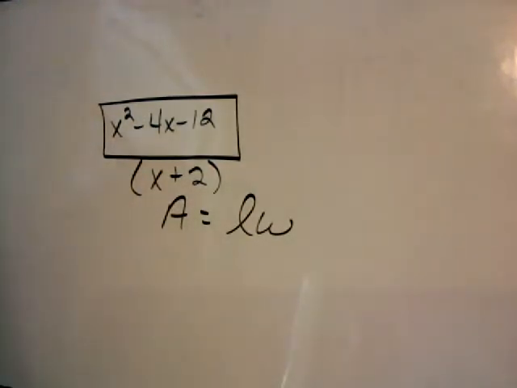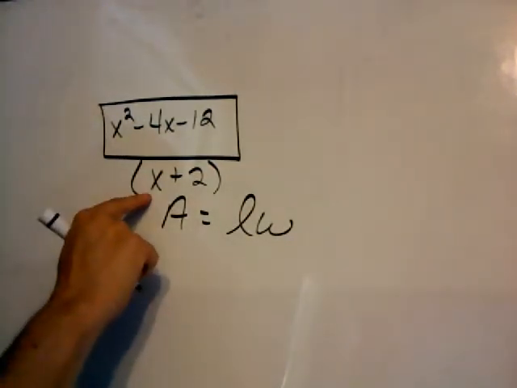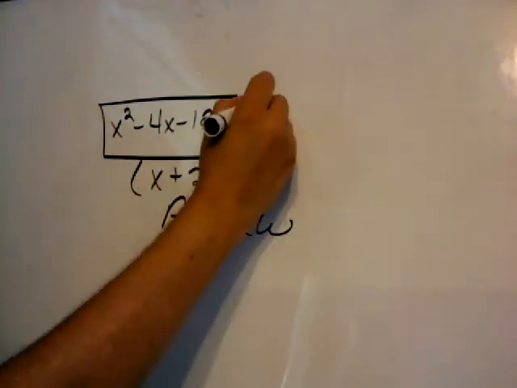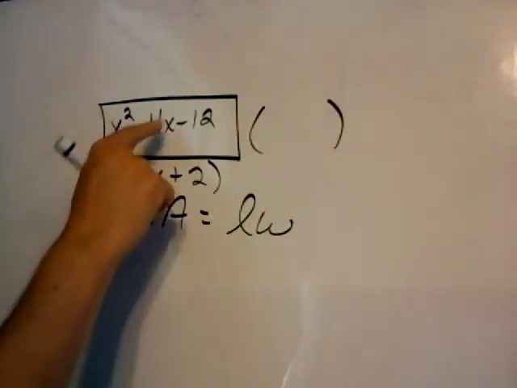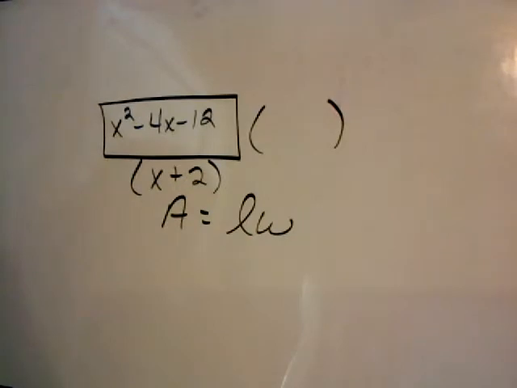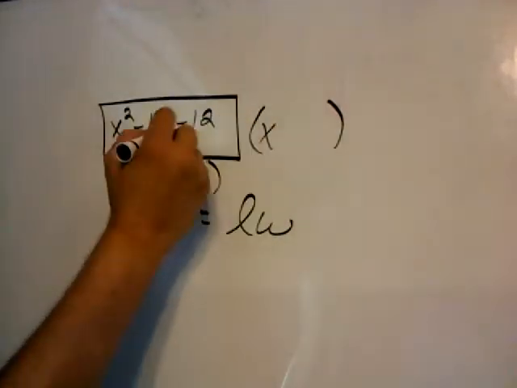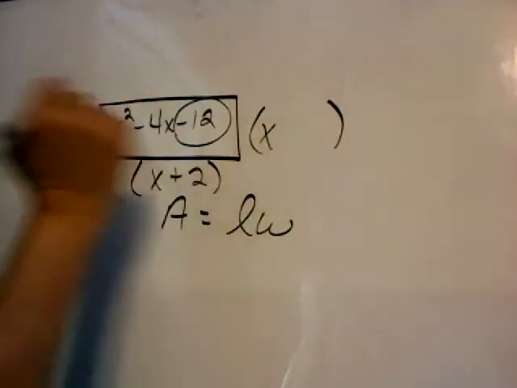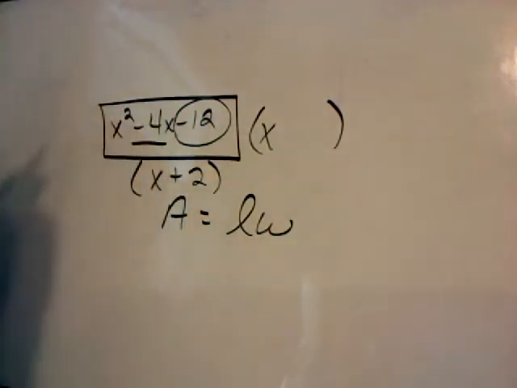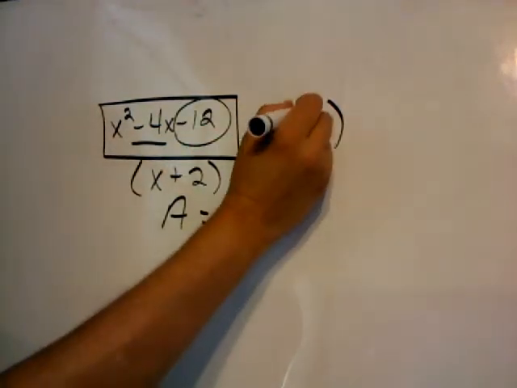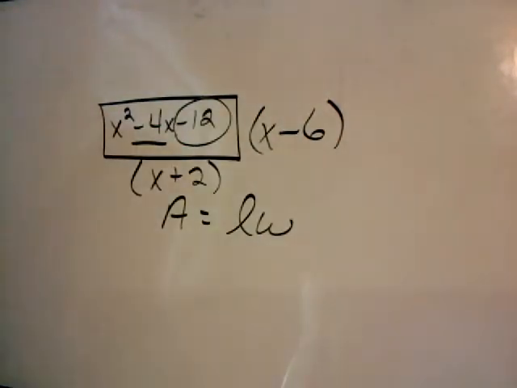So I need to decide what I would multiply by x plus 2 to get x squared minus 4x minus 12. So I need to think of a number that when I multiply it, I get negative 12, but when I add it, I get negative 4x. And so that would be x minus 6. And that is the answer for that problem.